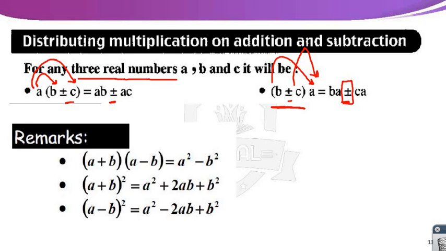We have some remarks here. We have 2 brackets. In the first bracket we have a plus b, and in the second bracket a minus b.